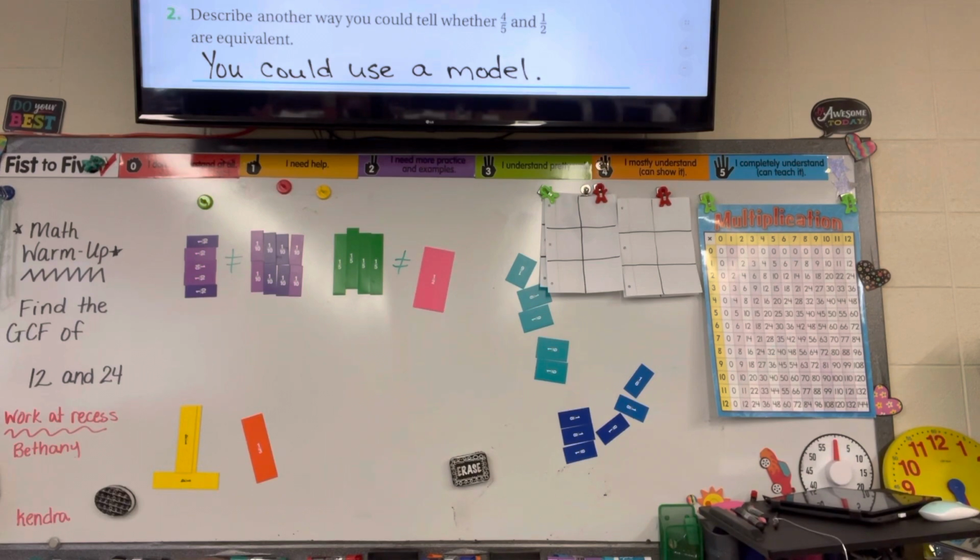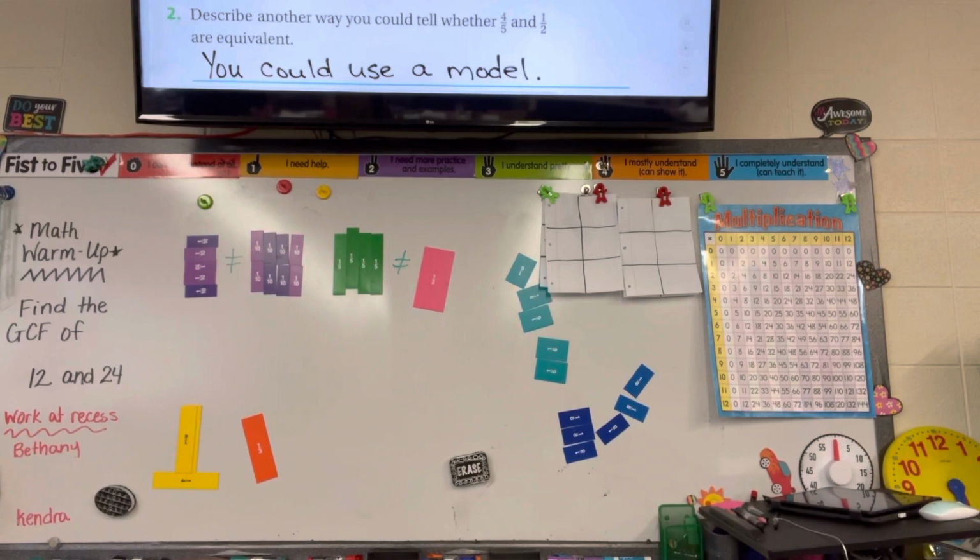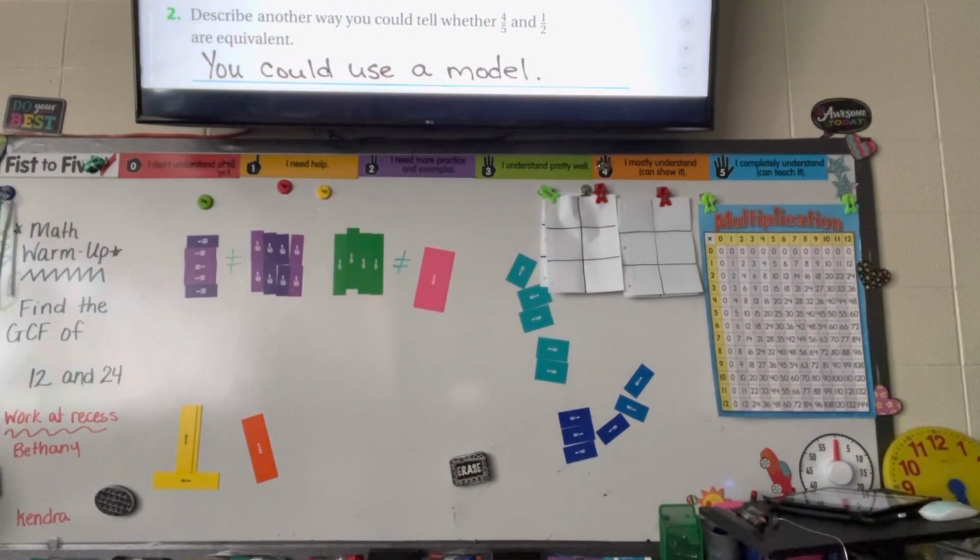Miss Peterson? Yes. There's a light shining on the board, I can't see. I can turn off the lights if it'll help. I think it'll make it worse, but we'll see. Does that make it better or worse? Worse.